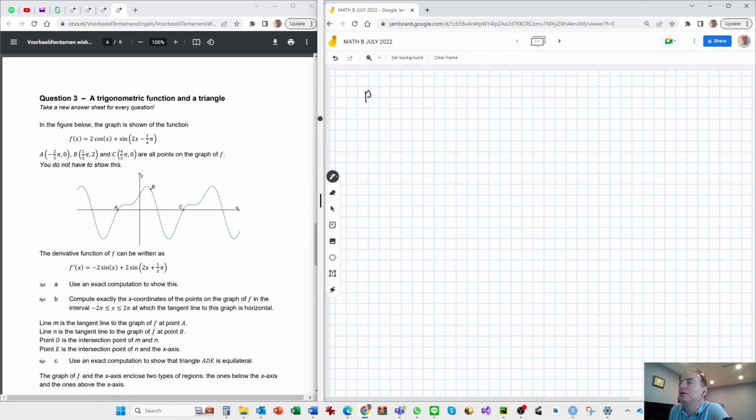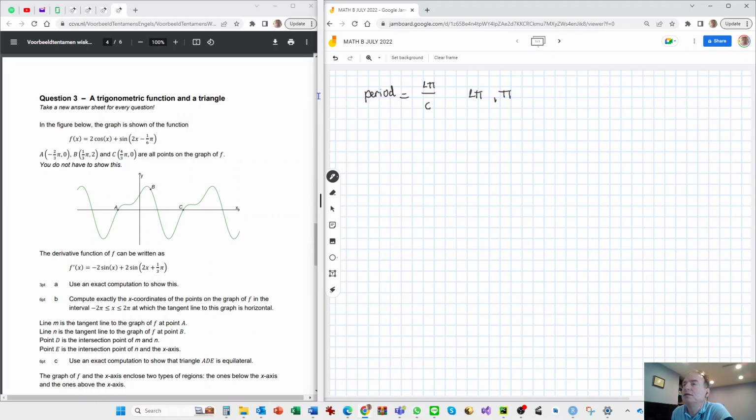The period is 2 pi over that coefficient c in front of x. So c is 1 for the cosine, which gives a period of 2 pi, and c is 2 for the sine, so the period of the sine is pi.